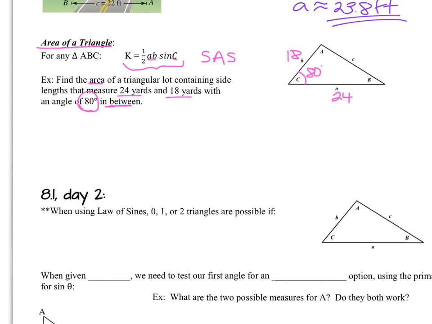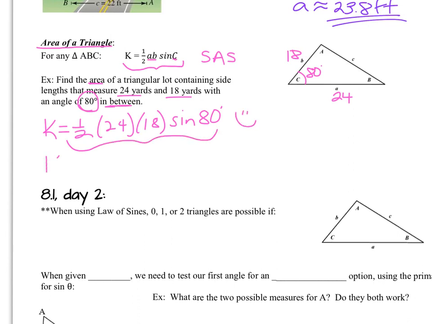If we want to find the area, we're just going to write the formula K equals 1/2. All we really do, everybody, is just multiply the two sides together in any order because we're multiplying. And then we multiply that by sine of that angle in between them. And just like everything else in this lesson, plug that all in at once.